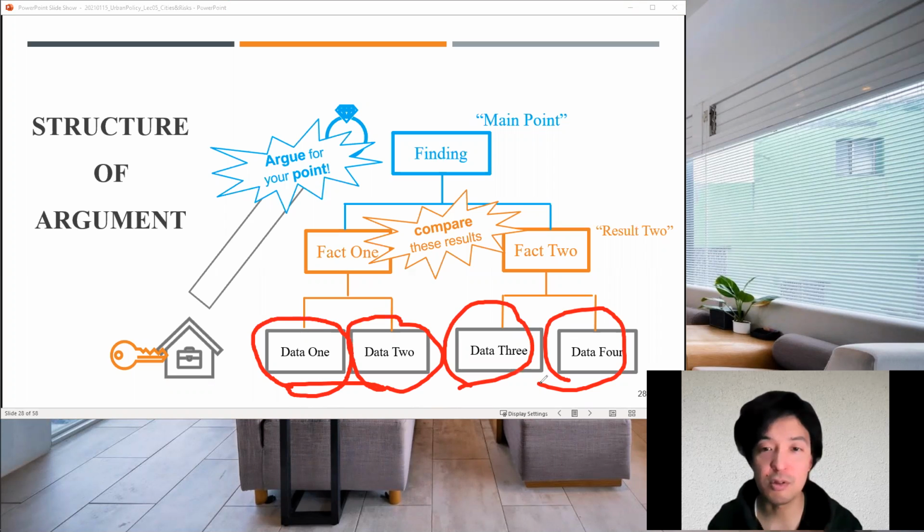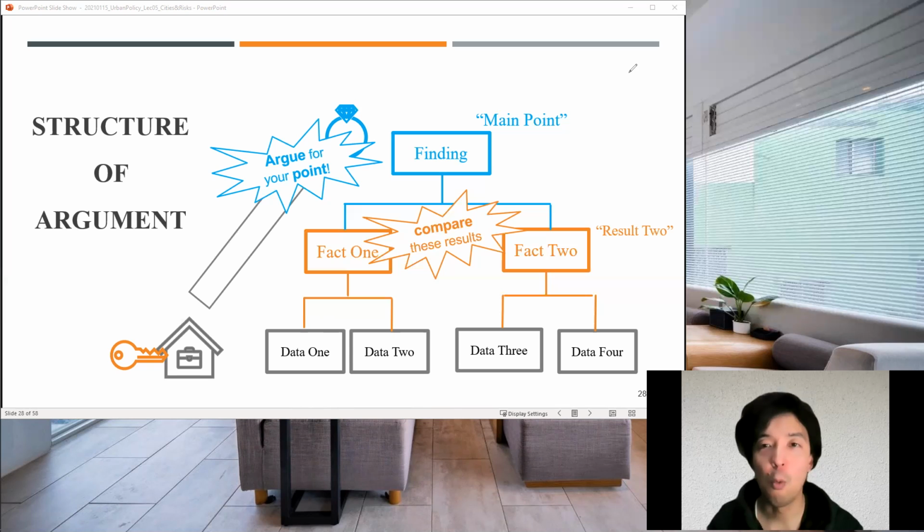In order to say it, what should we do? We should explain that these data are based on this and that source, okay?